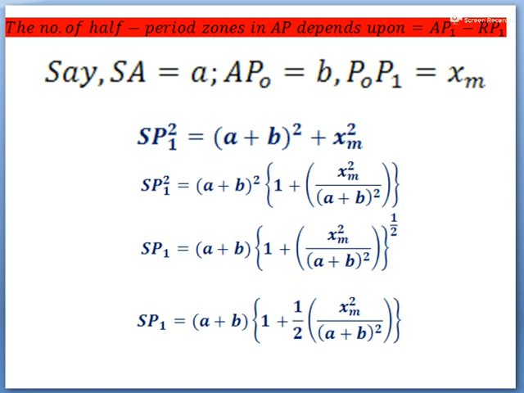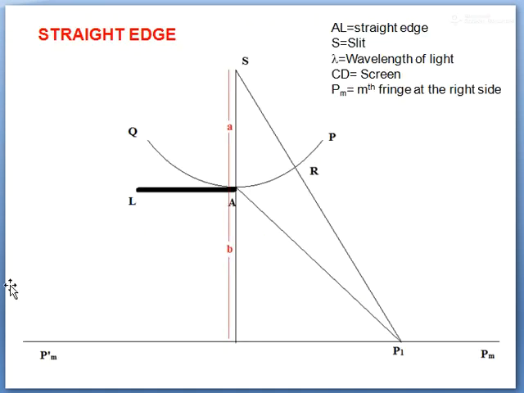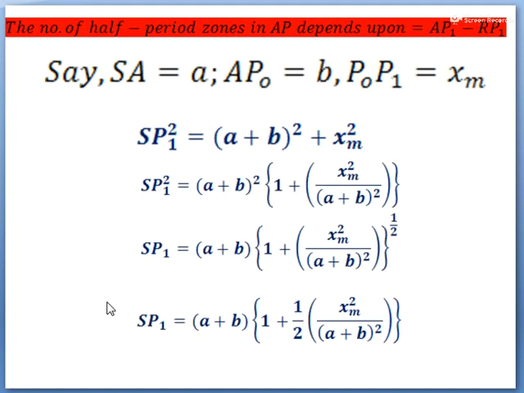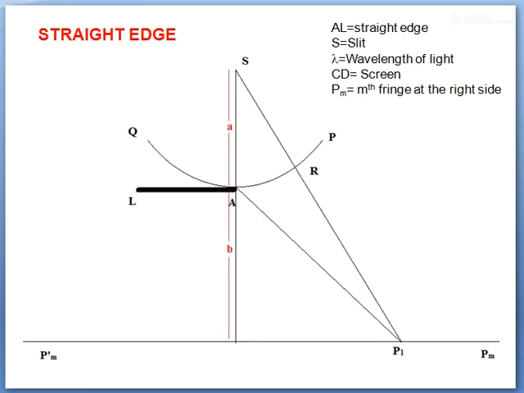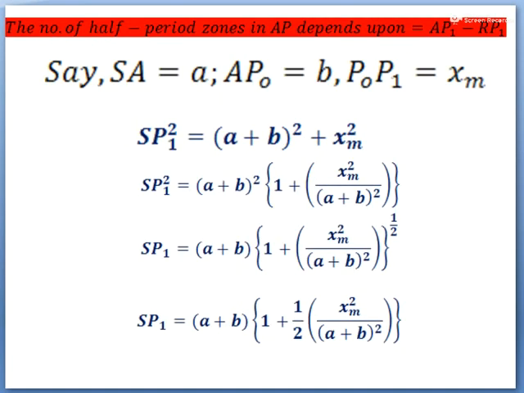So say SA equal to A, AP0 equal to B. So SA equal to A, AP0, this point is P0. So AP0, this will be B. তাহলে P0 P1, that will be this distance. So P0 P1, say for example this is XM.